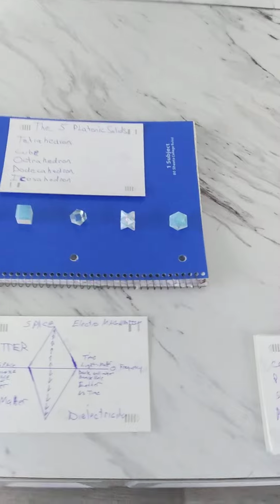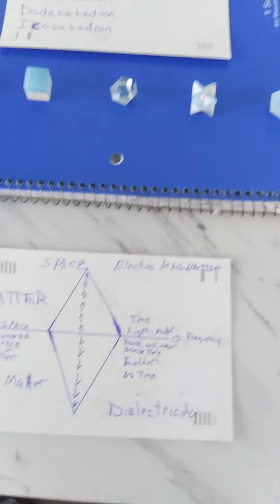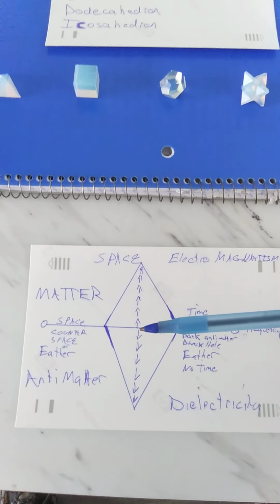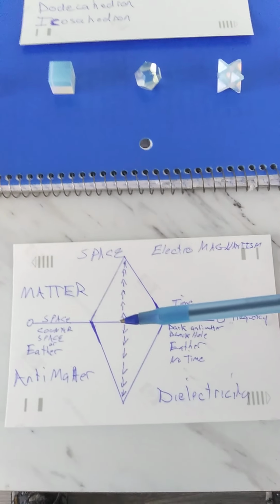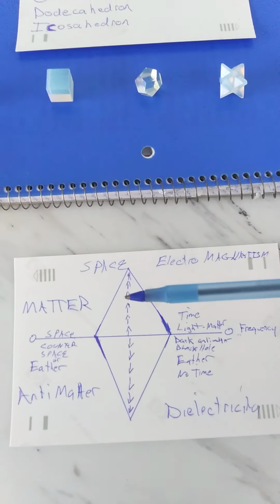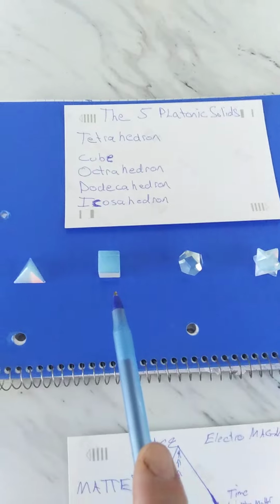You have space and you have counter space with a plane of inertia in between. And everything is working like this. If you start at a 0 point here, or the plane of inertia, and increase in frequency, you are basically increasing your complexity in shape.